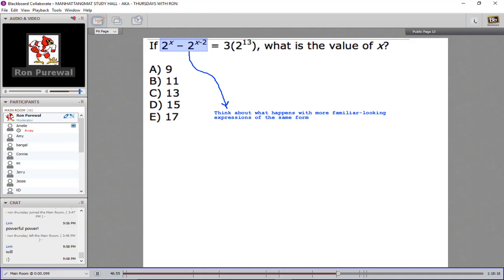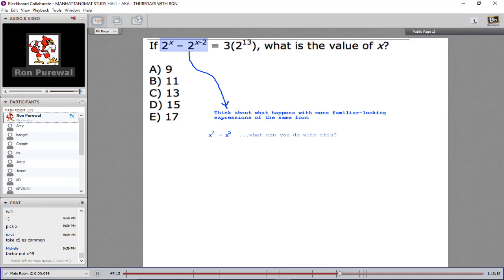Like, what if I gave you something like x to the 7th minus x to the 5th? What can you do with this? Aha, you can pull out the lower power. So that's going to give you x to the 5th times x squared minus 1.